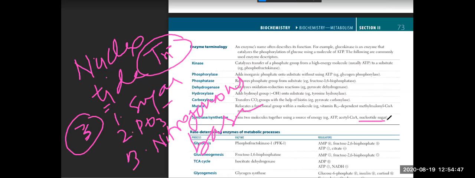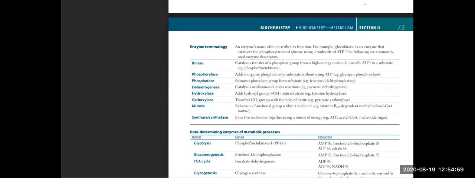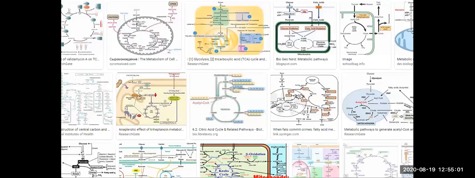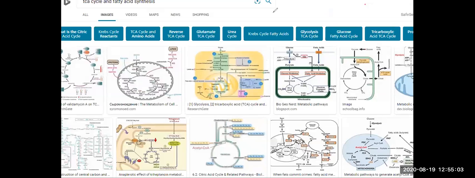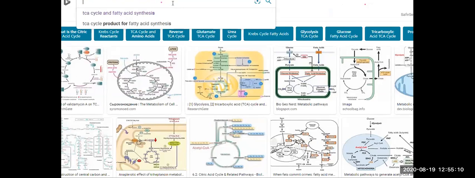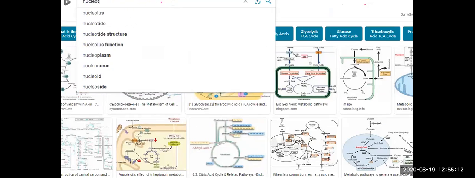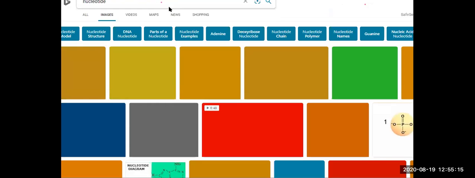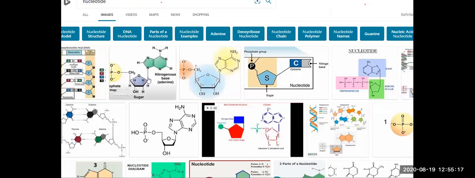So here in the nucleotide, they are talking about this sugar, which is attached with all these components to make a nucleotide. If I show you a picture of a nucleotide, you see this picture.